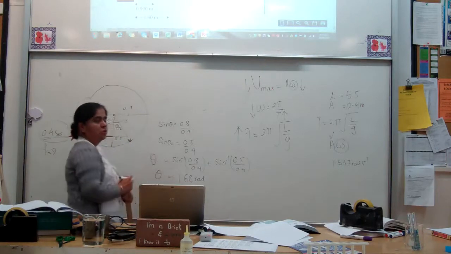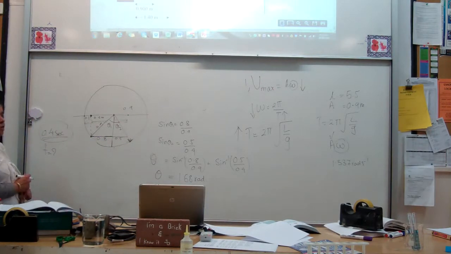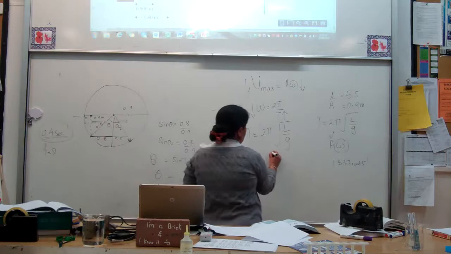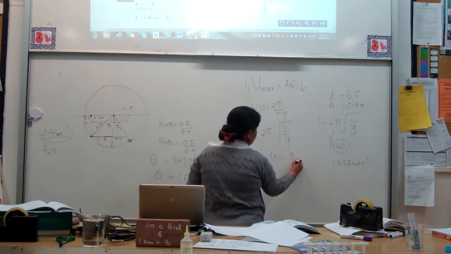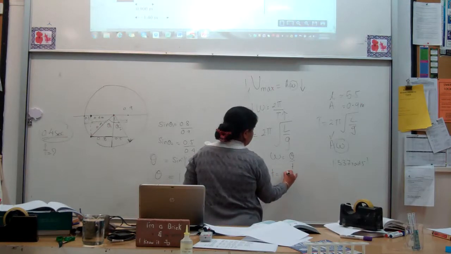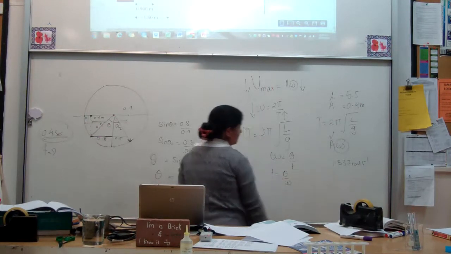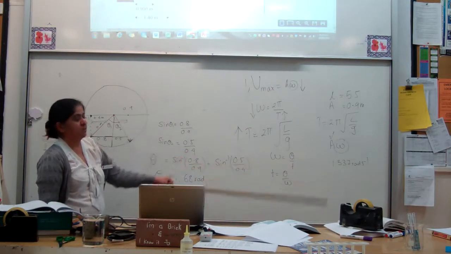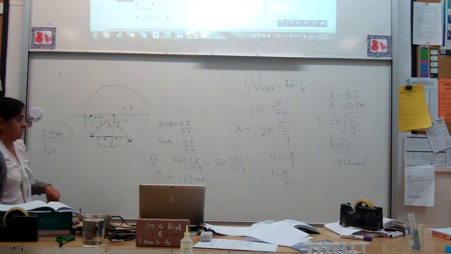So our aim is not to work out the angle, we have to work out the time. How do we get time from here? Do you want to learn an easy way or a difficult way? Easy way. The easy way is just this: omega is theta over t, so t is theta over omega. And we know omega is 1.337.